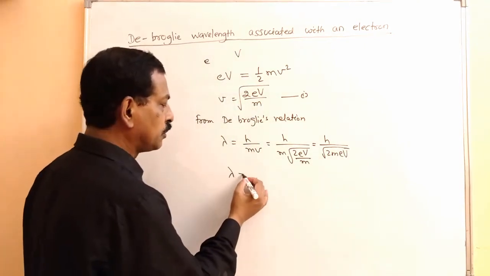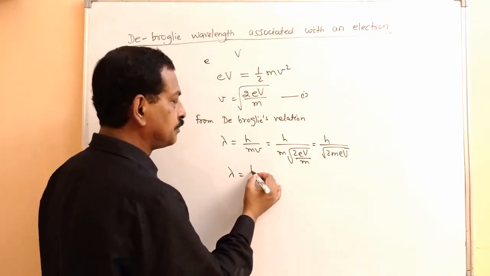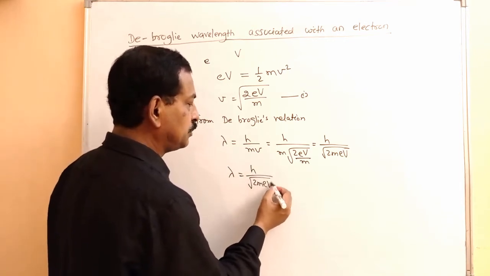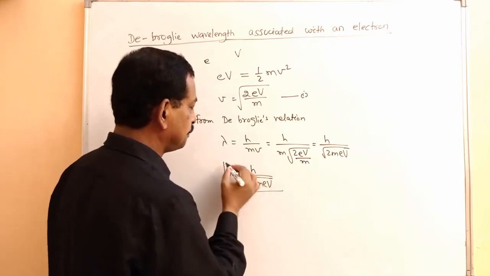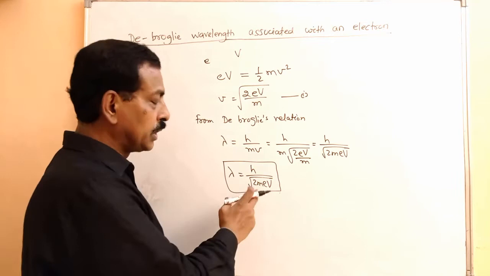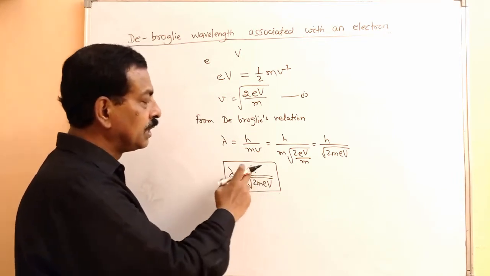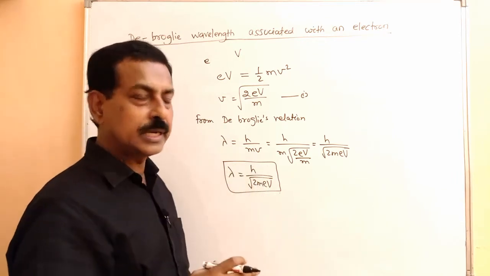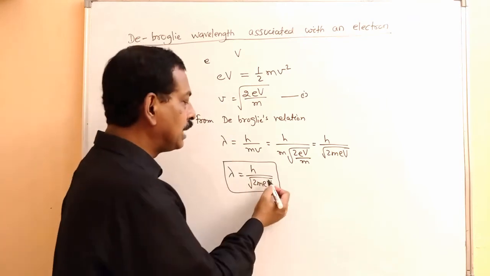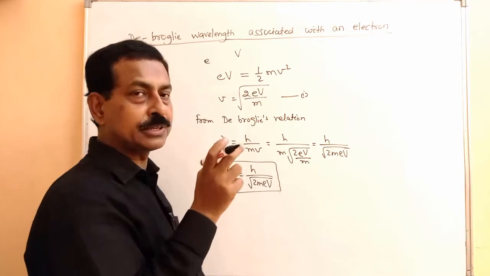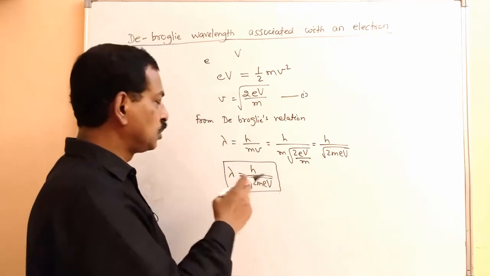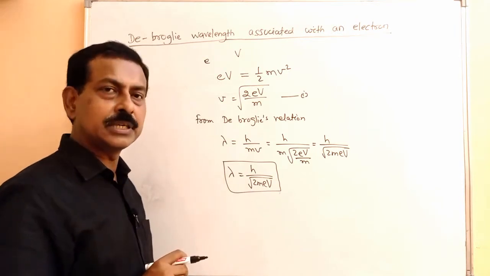So this is the expression for the de Broglie wavelength, lambda equals h by root over 2meV. Here you can see that h is the Planck's constant, m is the mass of the electron, e is the charge on the electron, and capital V is the potential difference under which that electron has been accelerated. So this gives the de Broglie wavelength.